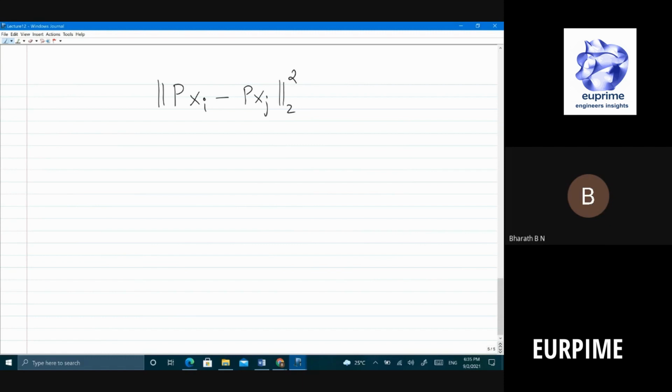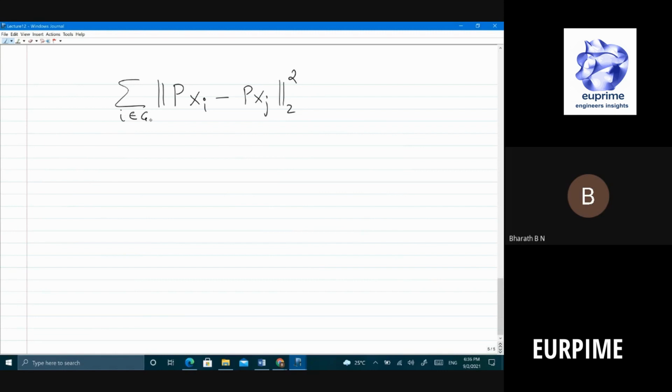If you look at the distance across clusters, I should ensure that they are far off, but within they should be close. So what should I do? You fix a j in some cluster, and i is in some other cluster. So if you fix j, I should sum over all possible i's in the other cluster.